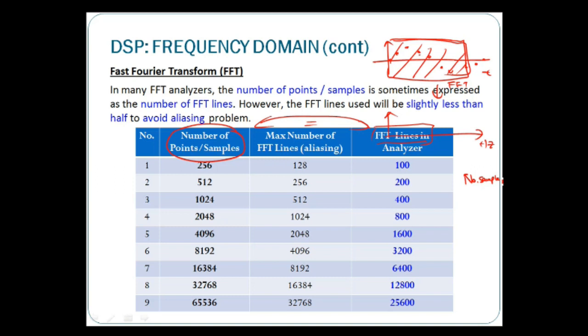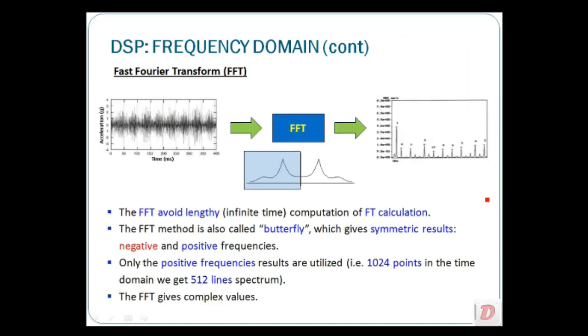divided by 2.56. Again, you still remember we said it's a butterfly, it's cut into half. So the FFT line refers to this half, or to be exact, less than this half. It refers to the useful frequency components that can be used to analyze.